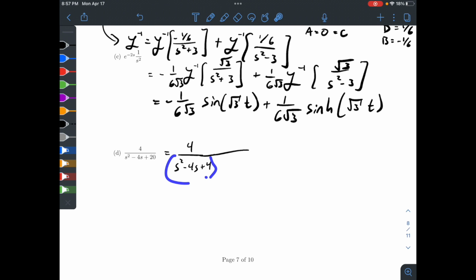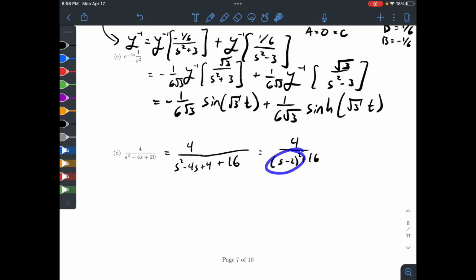If this was s squared minus 4s plus 4, that would factor as s minus 2 squared, right? It's not plus 4, it's plus 20. So we're going to borrow 4 from the 20, be left with 16. So now this is 4 over s minus 2 squared plus 16.